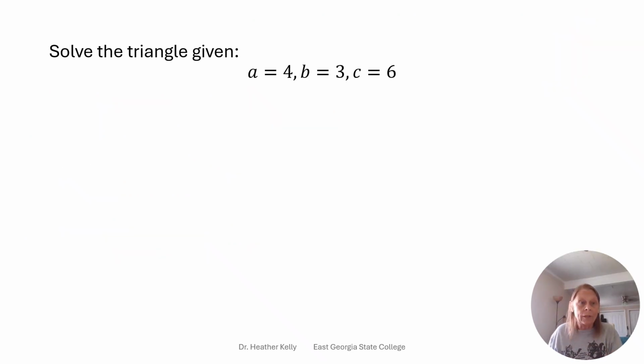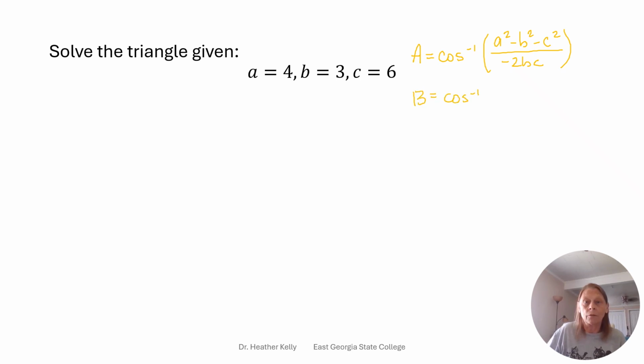Now, when you're given all three sides, well, then you just have to crank out the formula 3 times here. So let me just write it down. Our A is going to be given by the arc cosine of A squared minus B squared minus C squared over negative 2BC. Our B is the arc cosine of B squared minus A squared minus C squared over, whoops, I said C squared, but I wrote A squared there.